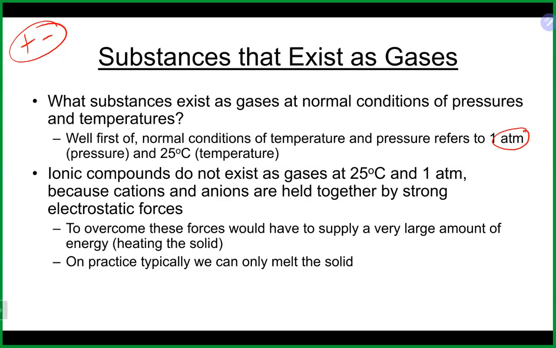In order to go into the gas phase, you need something held together not as strongly, able to break apart from one another so they can start flying around as they gain energy. Frankly, you could heat the heck out of ionic compounds and they will just start to melt before they go into the gas phase. It takes an enormous amount of energy to even try to pop it into the gas phase. In normal conditions, that just doesn't happen.